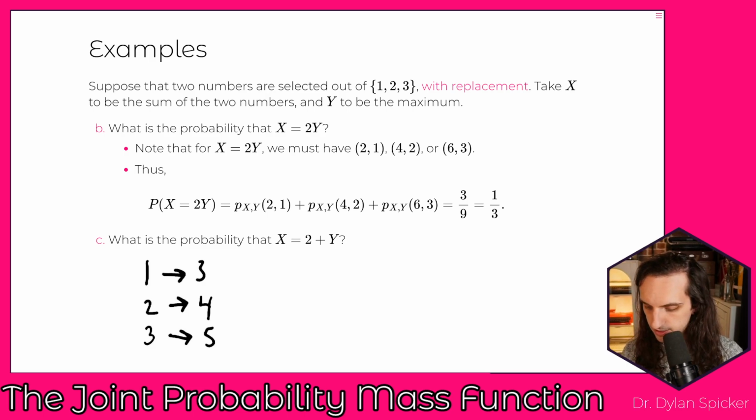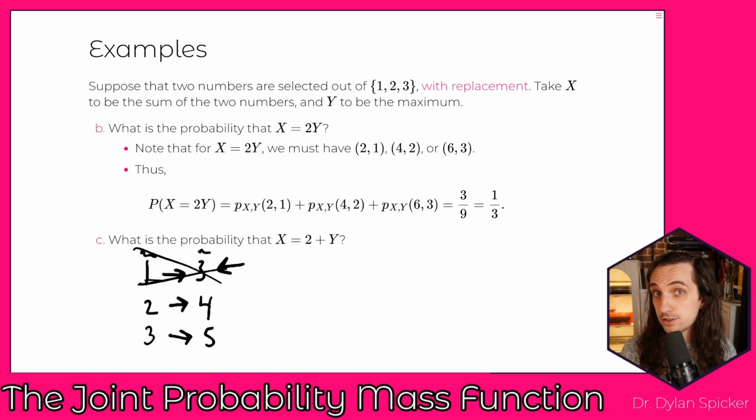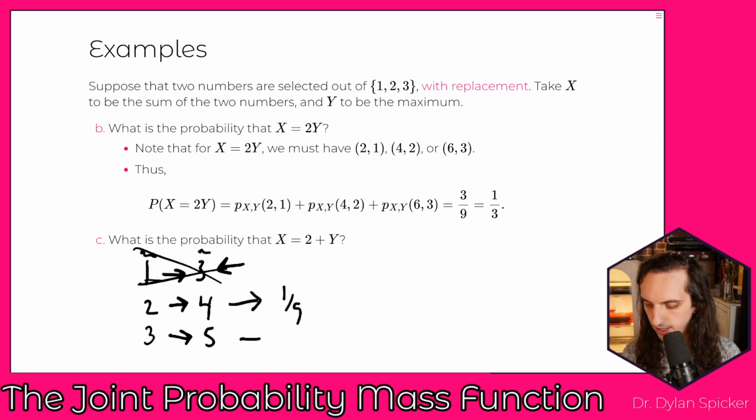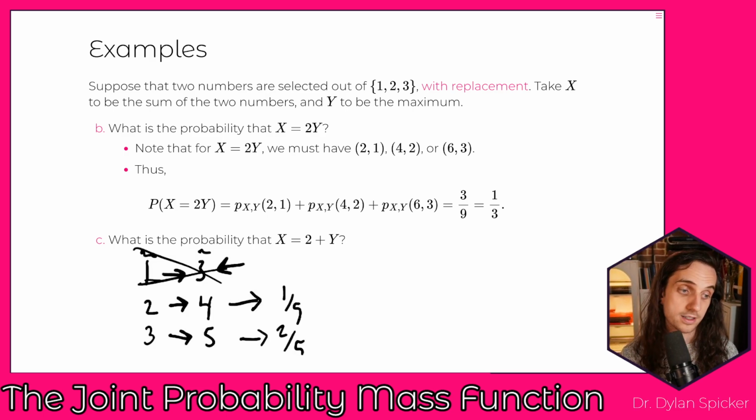Right. Now, this first situation here is actually an impossible situation, right? Because if y is going to be a 1, that means that the maximum was a 1, and so you could not have the summation being 3, right? So this is going to have 0 probability. The other two are going to be captured using our PMF that we had before. And so a (4, 2) is going to have a 1 in 9 chance, and a (5, 3) is going to have a 2 out of 9 chance. Right?